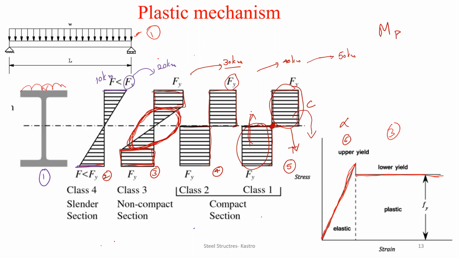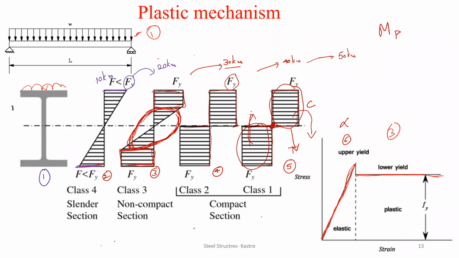To brief this entire thing in very simple terms, if you keep on increasing the load on a structural member or on a steel member, the fibers in the member will start to yield. When all the fibers in the member have started yielding, then a hinge is formed, which is called a plastic hinge.